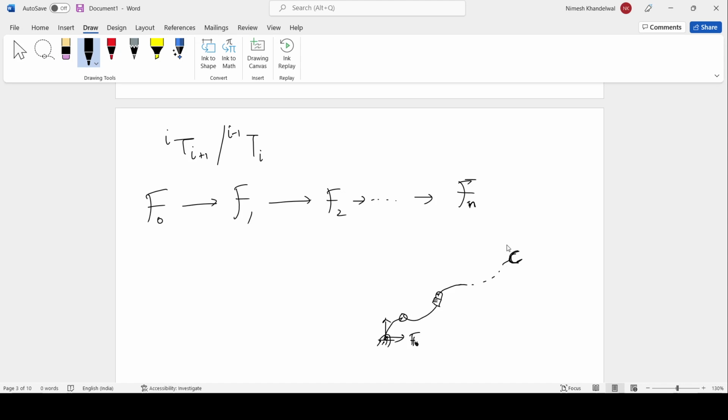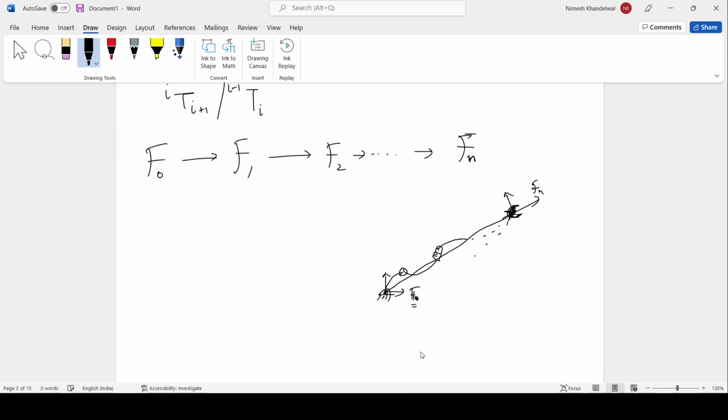So if we have assigned a frame fn here, then if I can express the origin of this frame in the f naught frame, that will directly give me the position of this tool or the end effector in the base frame.